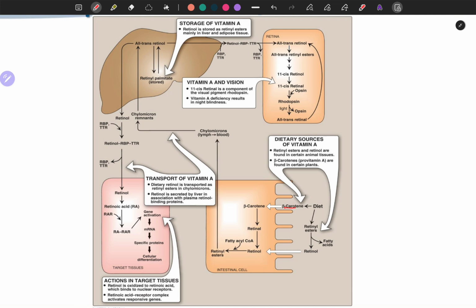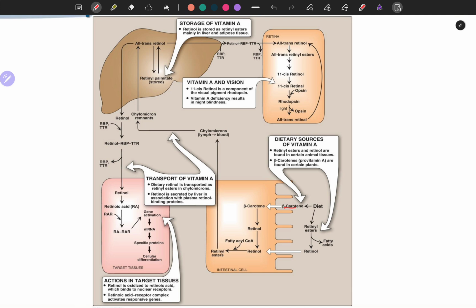Now in the target cell, how does it act? What is the mechanism of action? It is there in the coming slide. You know very well, because it is fat soluble, it can cross the cell membrane and it has the receptor either in the cytoplasm or in the nucleus. You see retinol getting converted to retinoic acid, binding to the retinoic acid receptor.